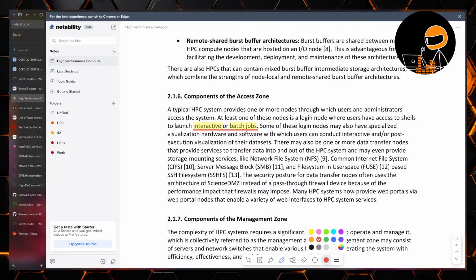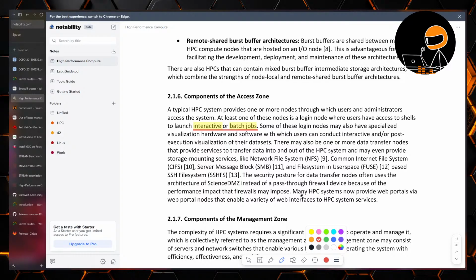There may also be one or more data transfer nodes that provide services to transfer data into and out of the HPC system, and may even provide storage mounting services like network file system, common internet file system, server message block SMB, and filesystem in user space FUSE-based SSH file system SSHFS. Wow, that was a lot of different file systems.